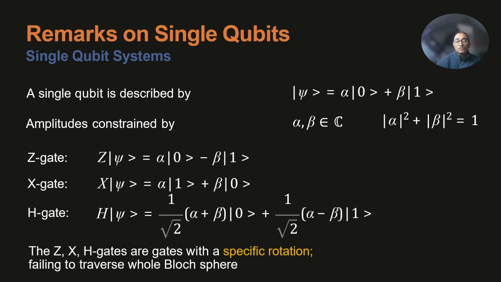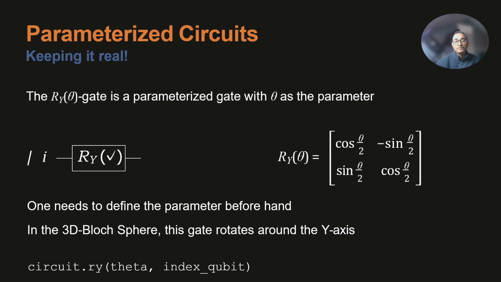What they do, basically, on the Bloch sphere, which is also something we have seen in the previous lectures, is that they have only a specific rotation capability. These gates do not traverse the whole Bloch sphere, but only in a certain direction, only up to certain points. So this gives very limited operational benefits.